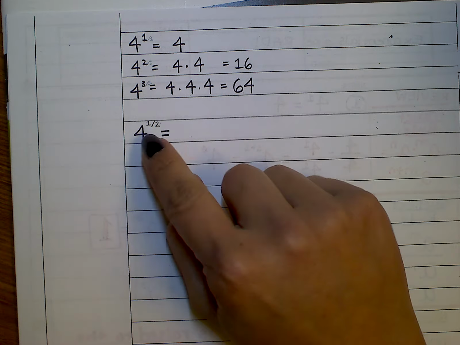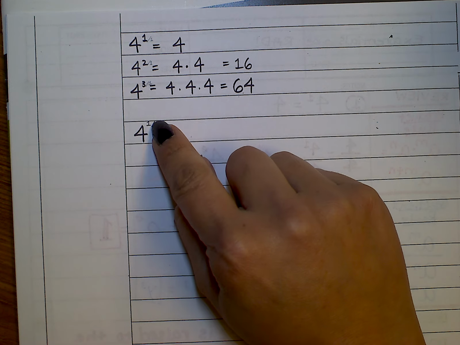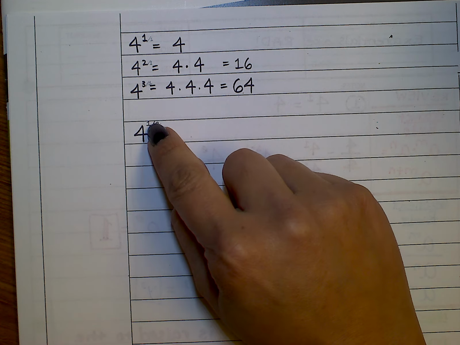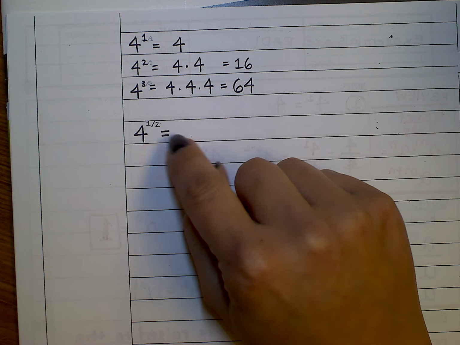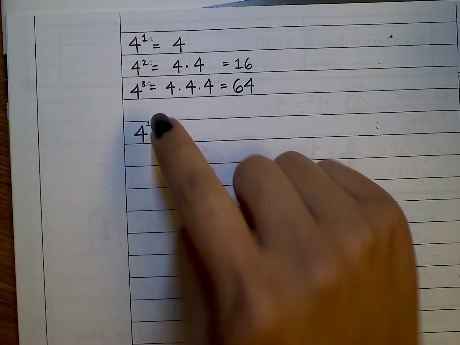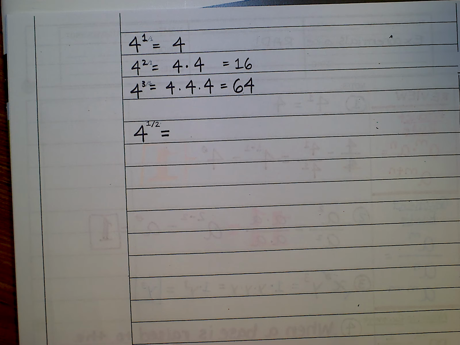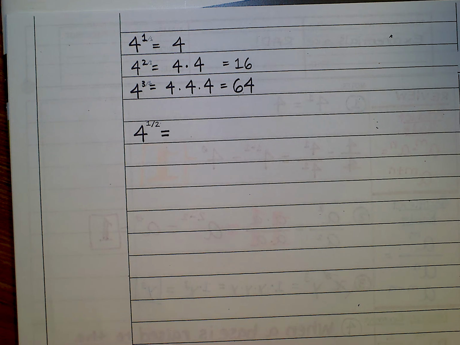Well, if I have 4 to the power of 1, well, that means I'm just going to have a 4. Then I have divided by 2. Now, what some of my students told me was, well, it sounds like maybe the answer would be 2.